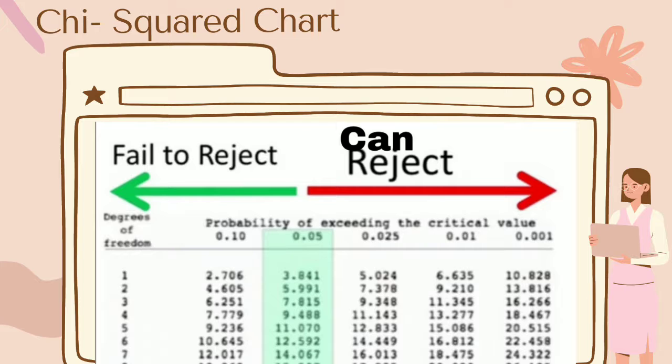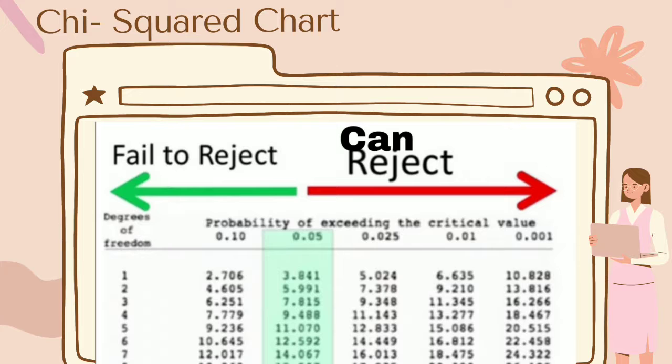So since 1 man ang atong degrees of freedom, so diri ra ta sa first row ha, magtan-aw, which is kaning mga 2.7, 3.841, 5.024, and so on. Take note class nga ang pinaka main point nato ani is ang kaning 0.05, especially kaning 3.841.